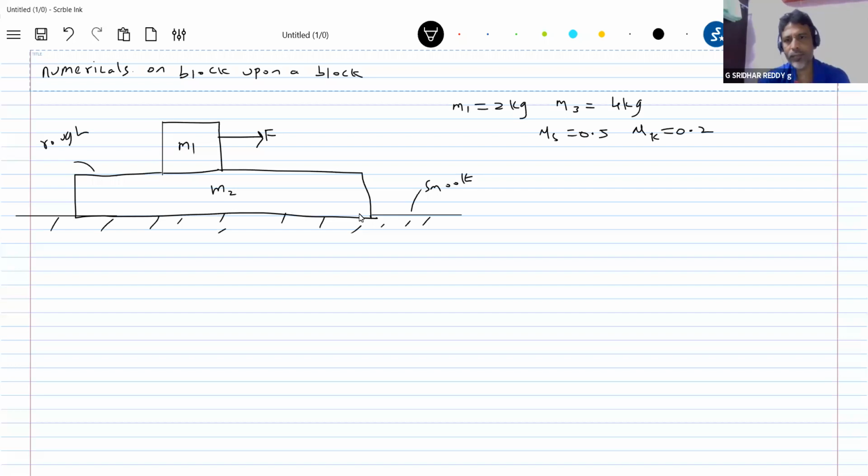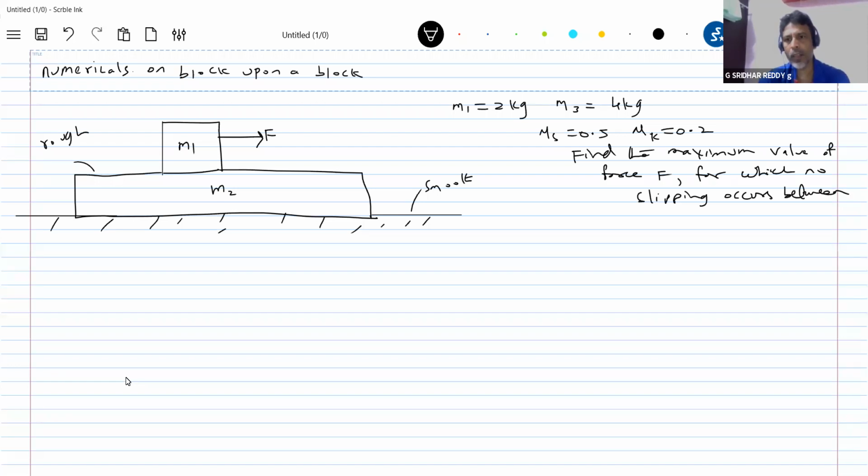Find the maximum value of force F for which no slipping occurs between the blocks, or we can also call this the minimum value of force F for which slipping occurs.